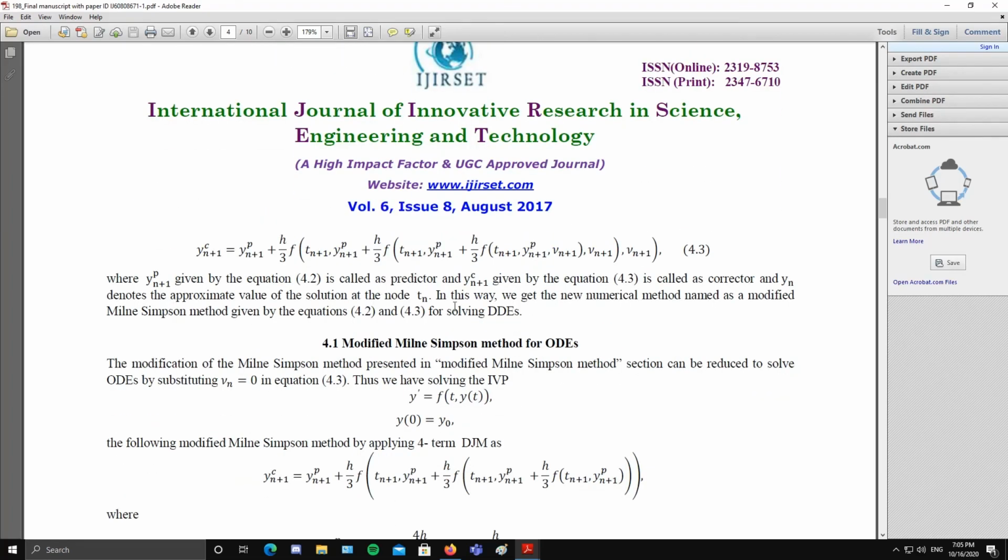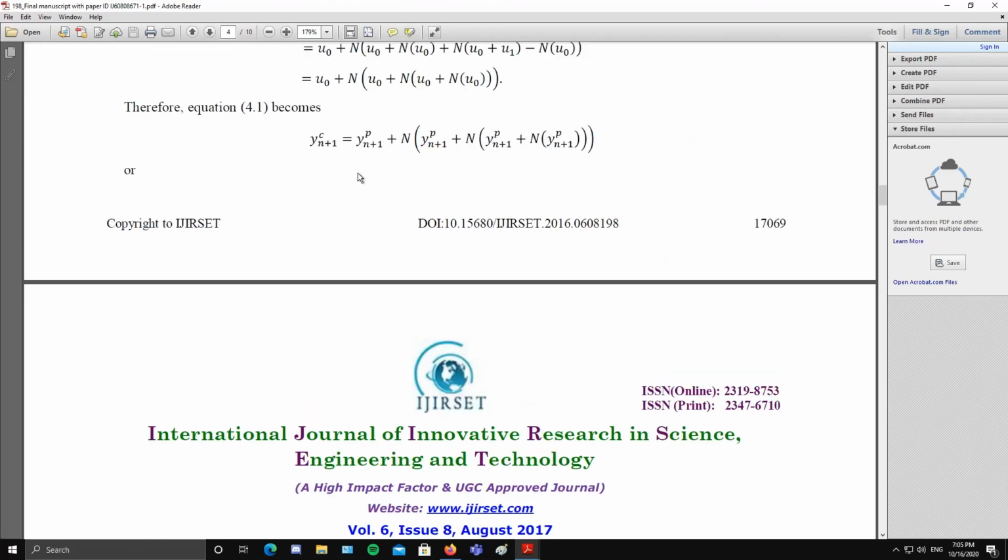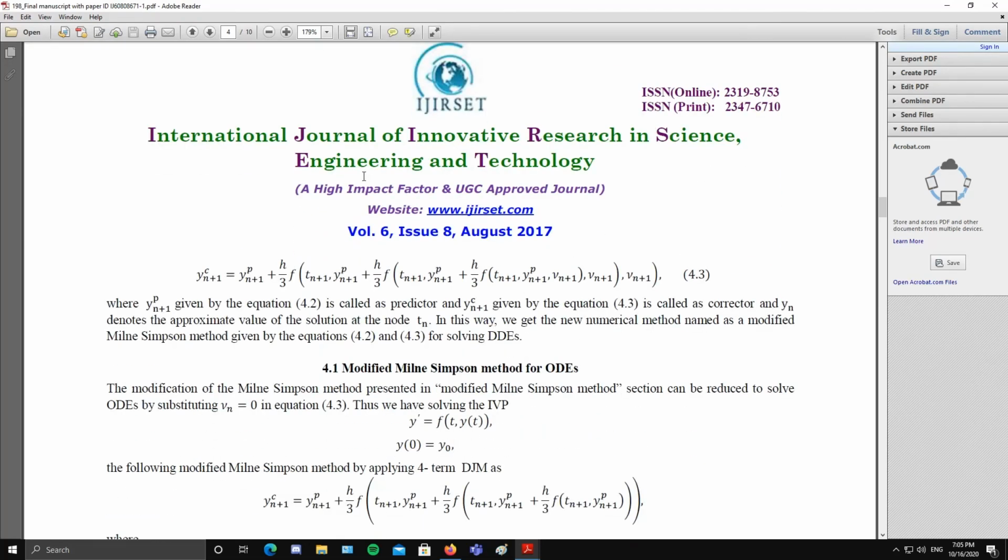So this is the modified Milne Simpson method of the solution of the delayed differential equations. Now this can be reduced to the modified Milne Simpson method of solving ordinary differential equations. Whatever we have got is for the delayed differential equations. So if you take Vn as 0, you will get the modified Milne Simpson method solution of ordinary differential equations.